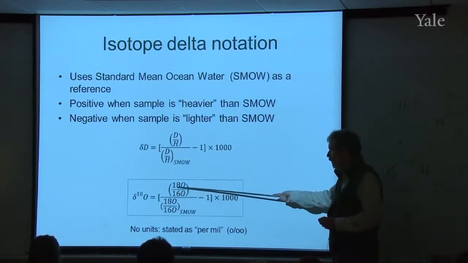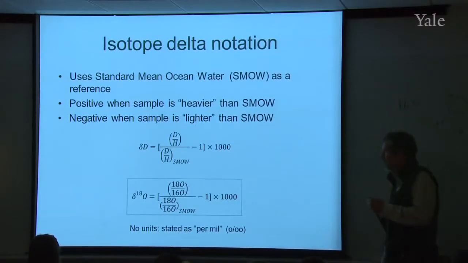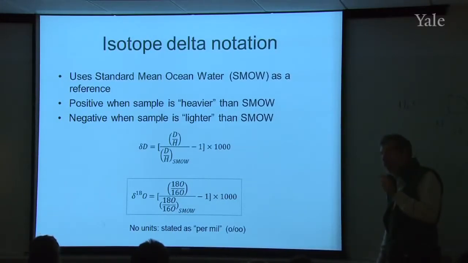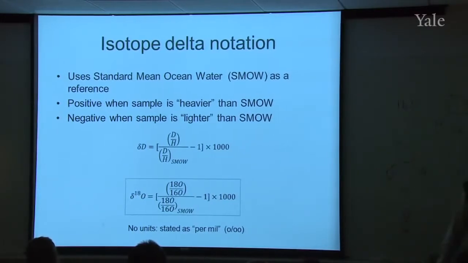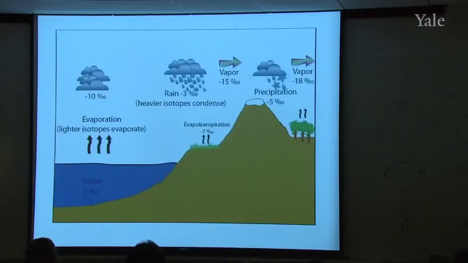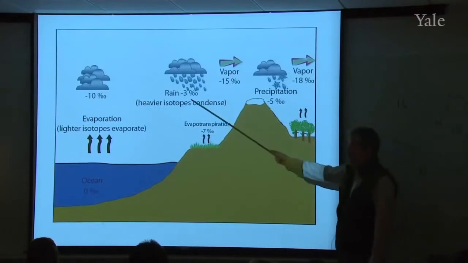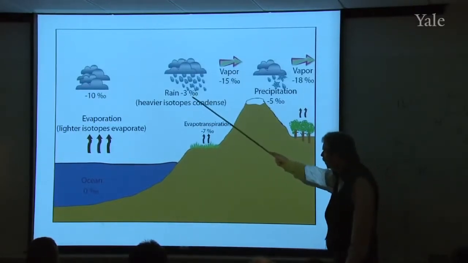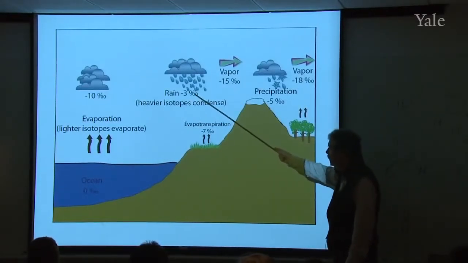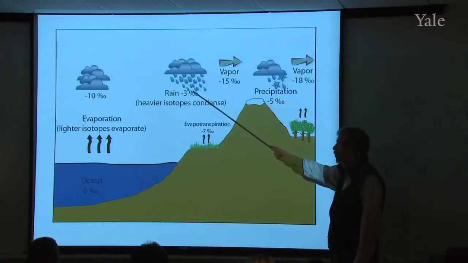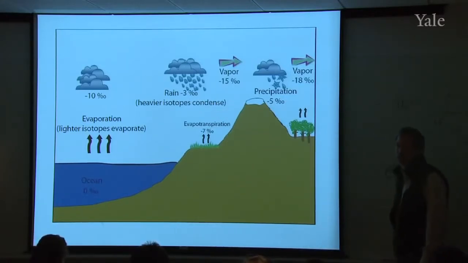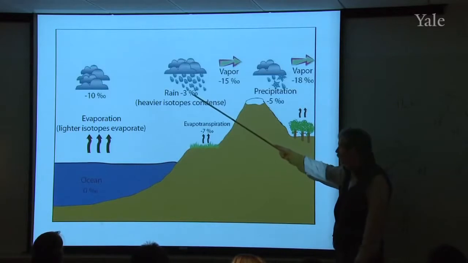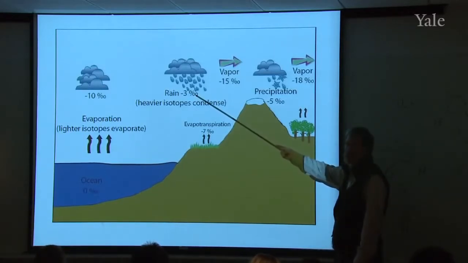So what it's telling me is that that sample is lighter than my ocean reference, my SMOW reference. So all the numbers in this cartoon are delta values, indicated by that per mil sign there, that per thousand sign. That means not per 100 like a percent, but per 1,000.